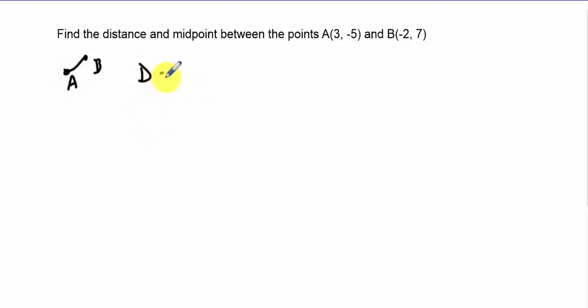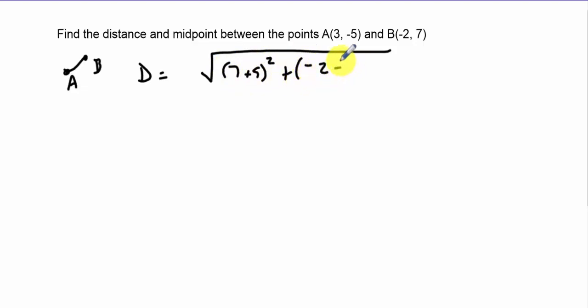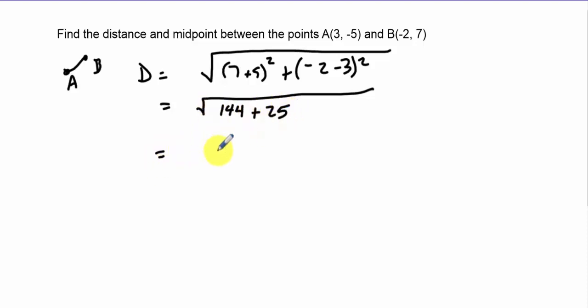So the distance is equal to the square root of 7 plus 5 quantity squared and negative 2 minus 3 quantity squared, or 144 and 25, which in this case is 169, and what do you know, this comes out clean, all right? Which isn't always going to be the case, but it did in this case.